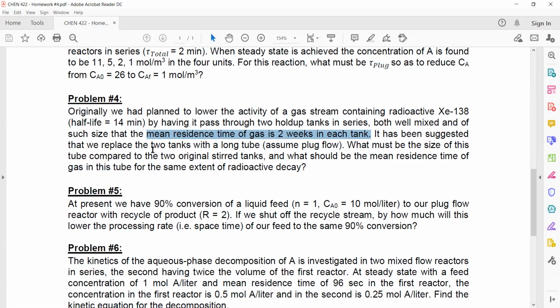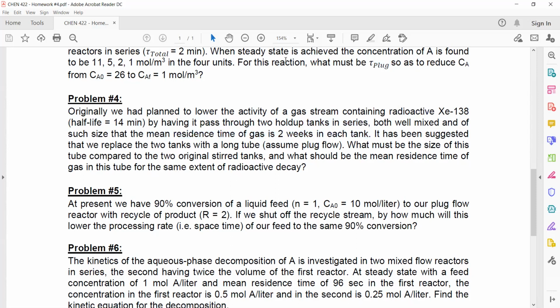What must be the size of this PFR compared to the 2 original stirred tanks? And what should be the mean residence time of gas in this PFR to get the same extent of radioactive decay? Okay, so let's have a look at this problem here.